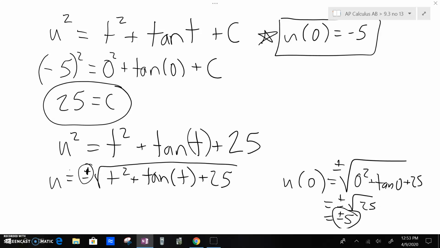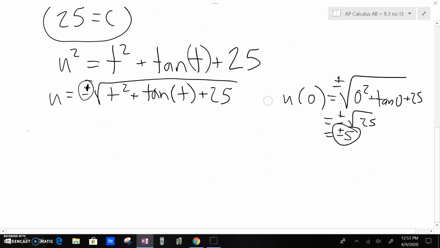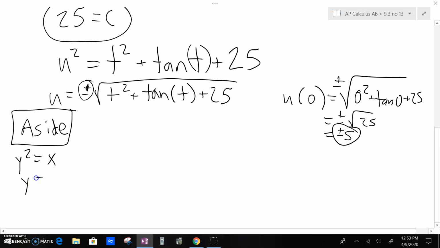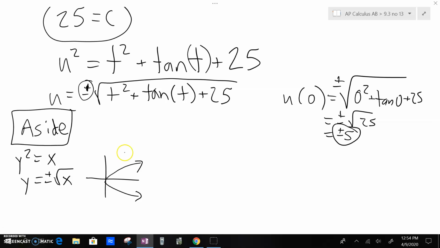As an aside, if you solve the simpler equation, y squared equals x, you would take the square root of both sides, and what you create, plus minus root x, is a sideways parabola. There's our positive root x, there's our negative root x. This thing fails the vertical line test over and over and over again because it has a positive top half and a negative bottom half.